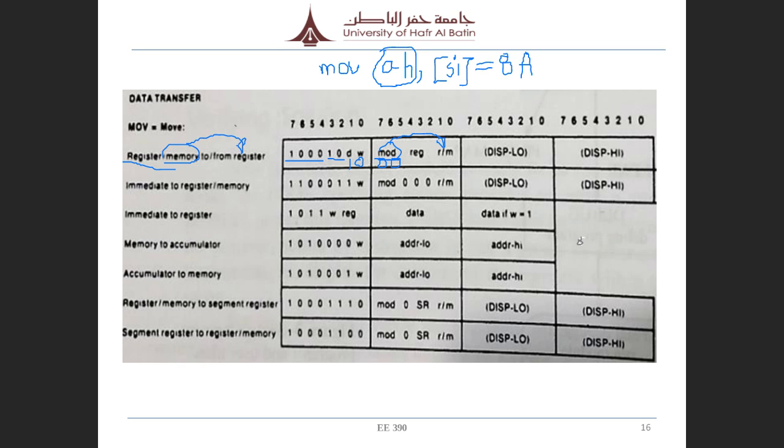If you look at here, REG field for AH is 100. 100. Is that clear? REG field for AH is 100. Abdul Hadi, you said it is 100. Yeah, you are right. But what about the other guys? Is it clear? For the REG field, the AH is 100.